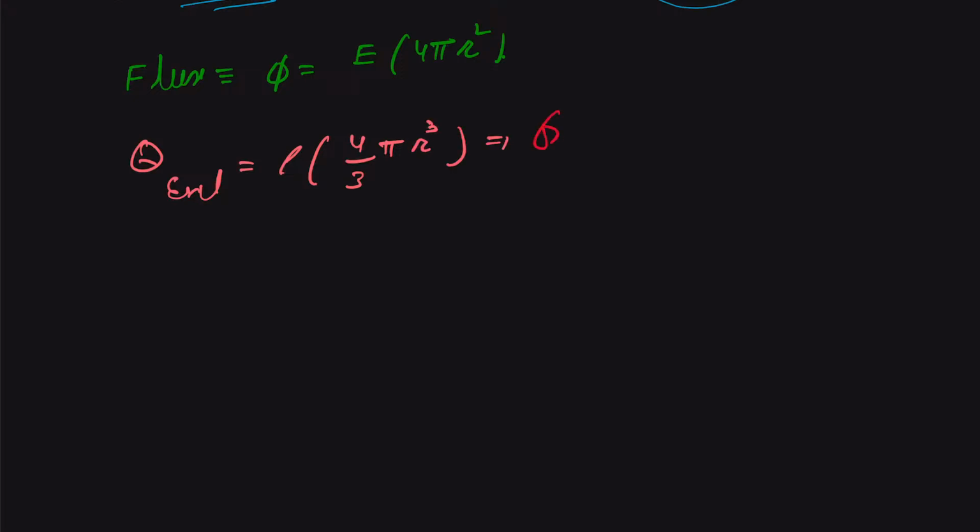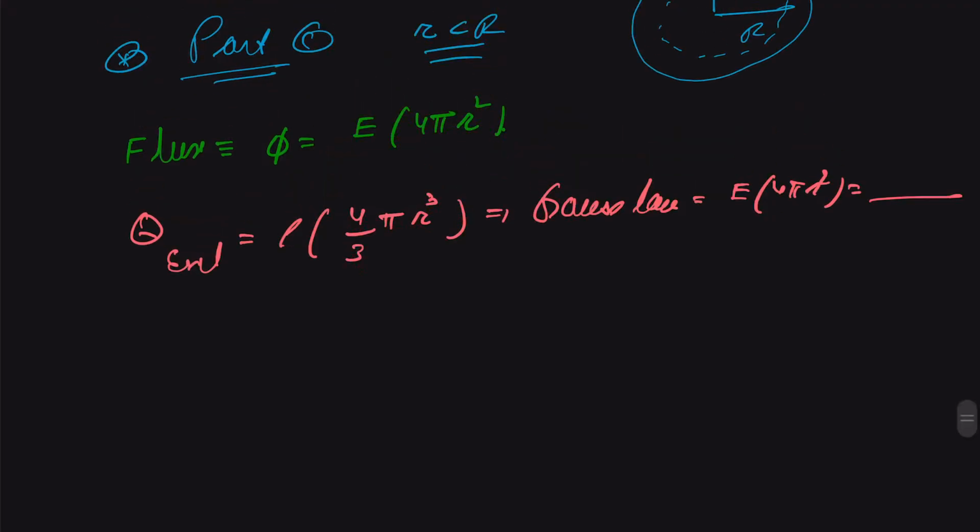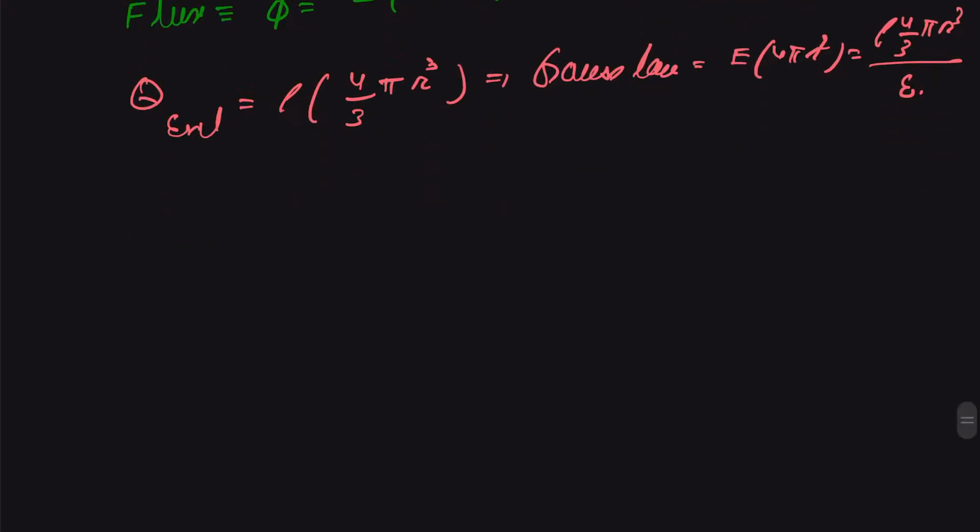So by Gauss law we can say that the electric field times 4 pi r square is equal to rho times 4 by 3 pi r cube over epsilon naught. So we get that the electric field is equal to rho r upon 3 epsilon naught.